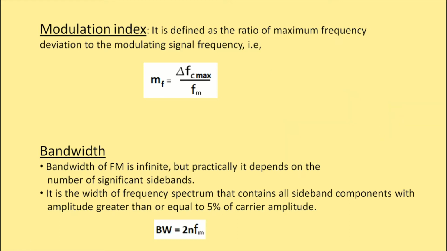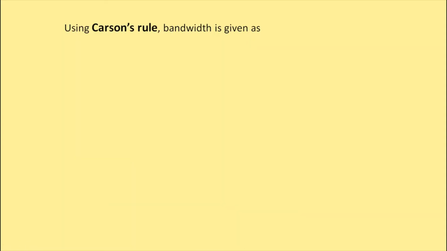Generalizing this, we have the formula as 2 into n FM, where n is the number of significant sidebands. So the general formula for bandwidth is 2 into n into FM, where FM is the signal frequency. The bandwidth of the FM wave can also be calculated using another rule known as Carson's rule. According to this rule, the bandwidth is equal to 2 times the sum of delta FC, which is the frequency deviation, and FM.